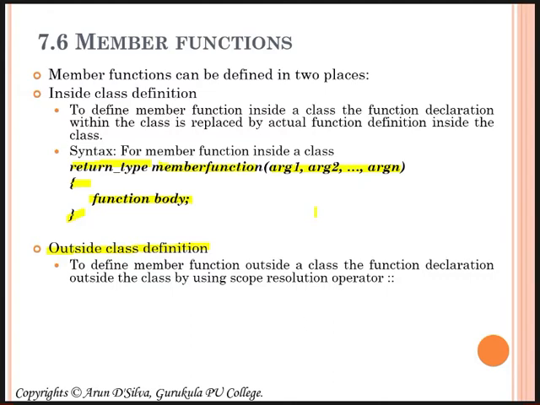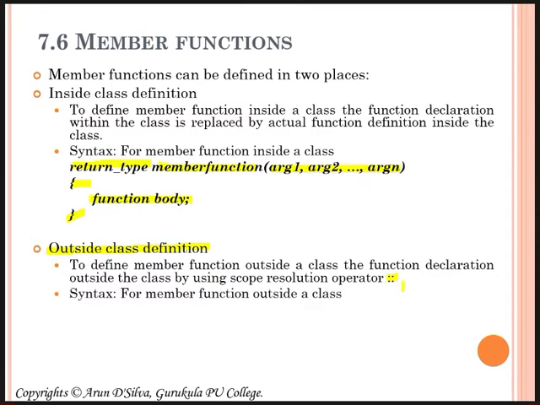The scope of the member function is limited to the class mentioned in the header, and for this we are using the scope resolution operator, that is this one. So to define a member function outside a class, we use the scope resolution operator.